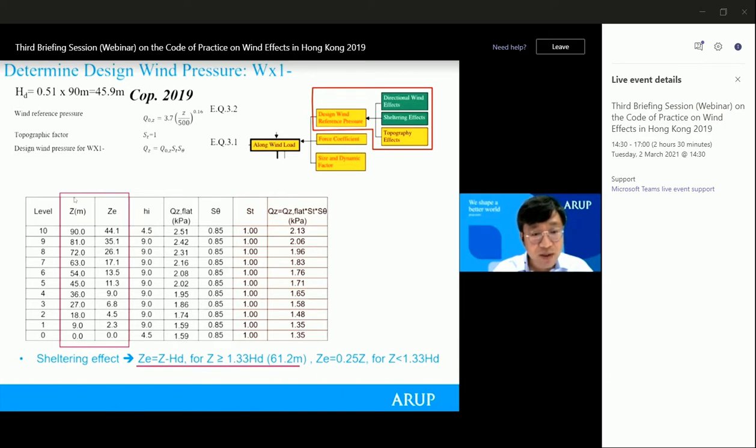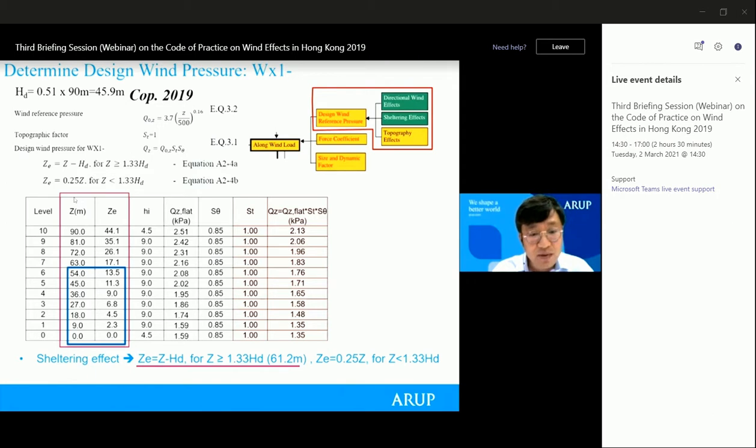For this effective height, we shall be careful that for the Z level bigger than 1.33 of displacement height, which is 45.9, the final result is 61.2.